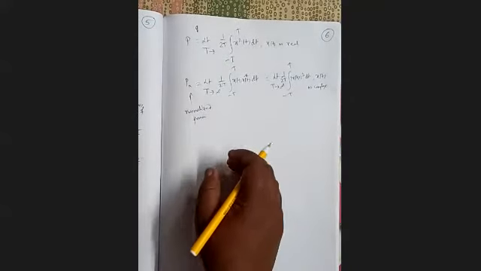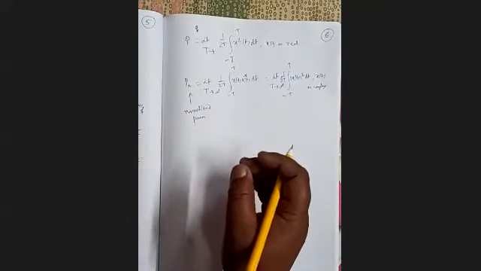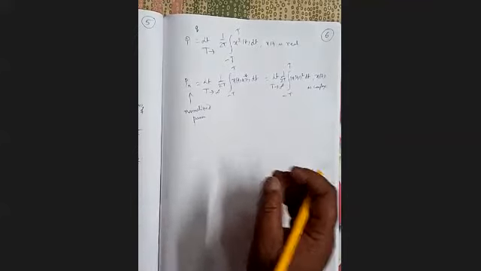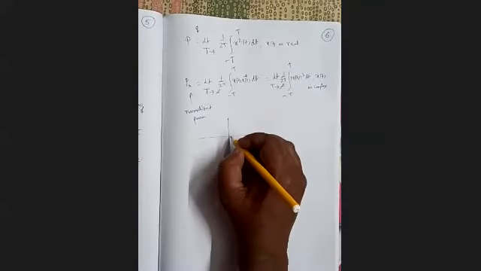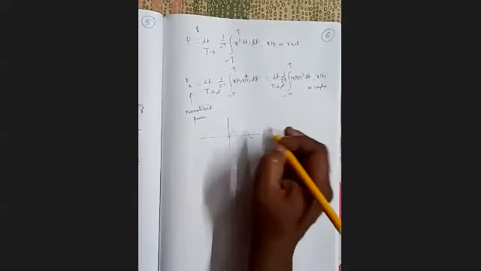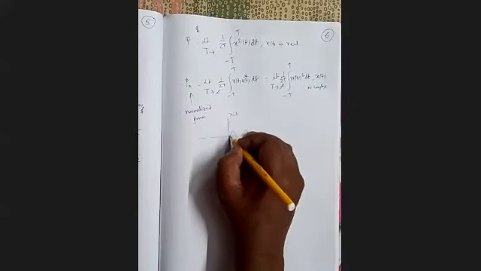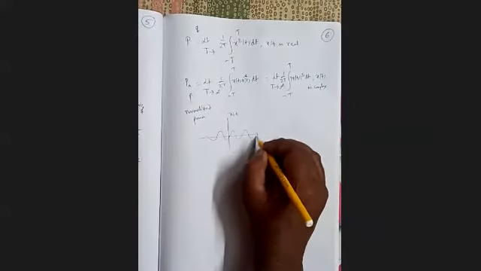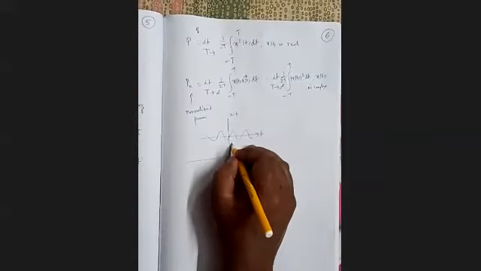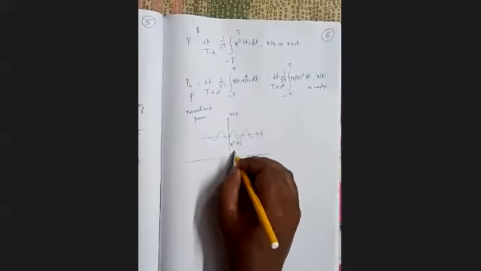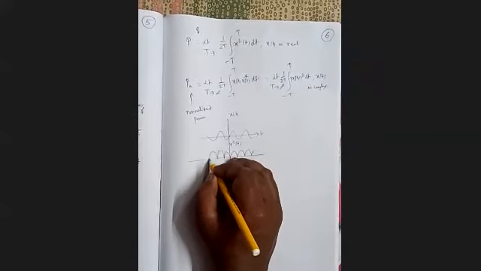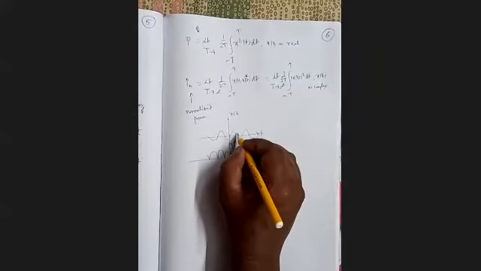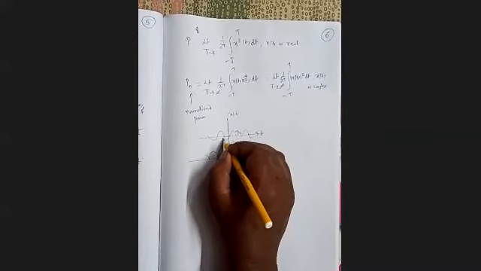Now note that for periodic signals, any periodic signal, consider a periodic signal, say a periodic signal of this nature. Now if you take x squared(t), what will it be? Zero. So this is your T by 2 and minus T by 2.